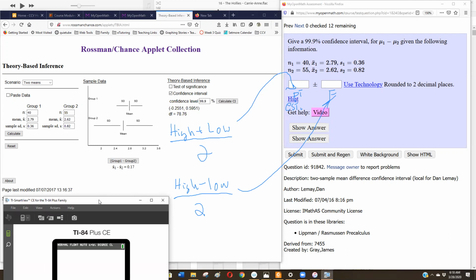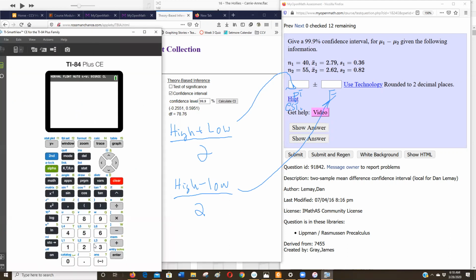And somewhere here, I've got a calculator. Here we go. Let me bring that up. So what have I got? I've got negative 0.2551. I guess I could write that because I'm adding it. Doesn't matter, right?